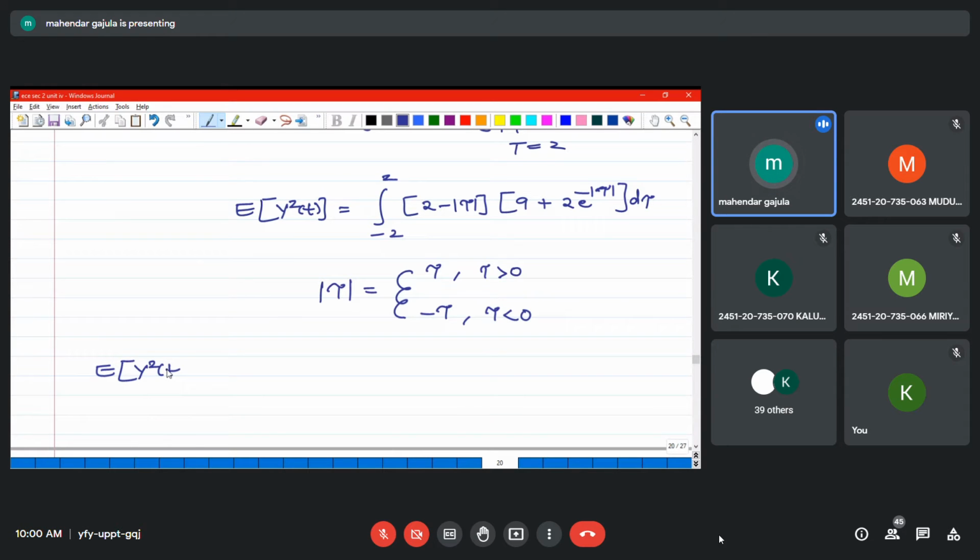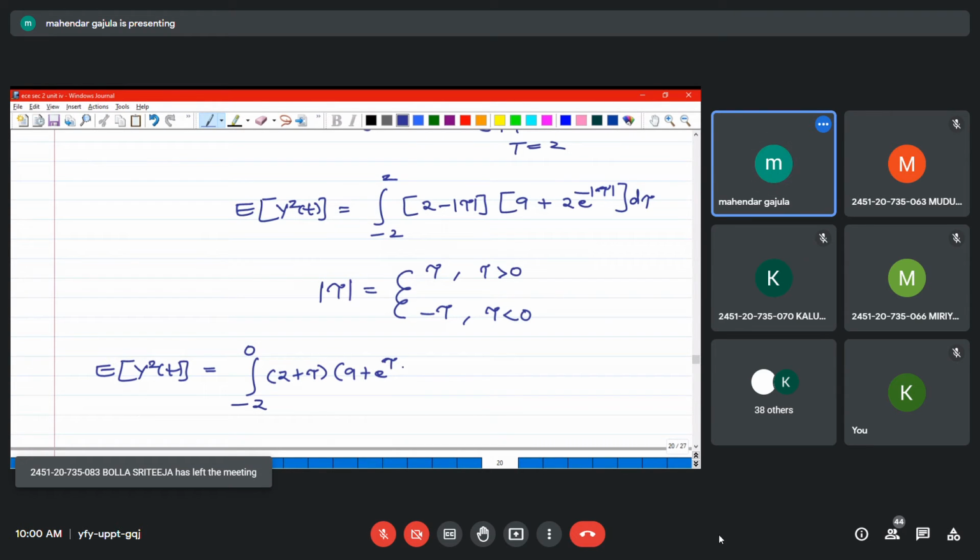Expectation of y square t is equal to the integration from minus 2 to 0. For negative values mod tau is minus tau, so it becomes (2 plus tau) times (9 plus 2 times e power tau) d tau, plus the integration from 0 to 2.